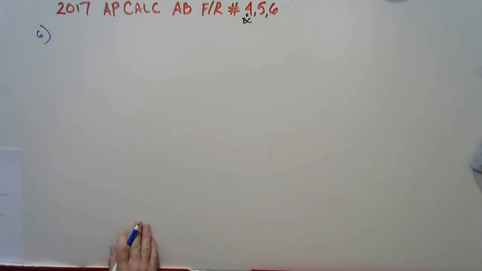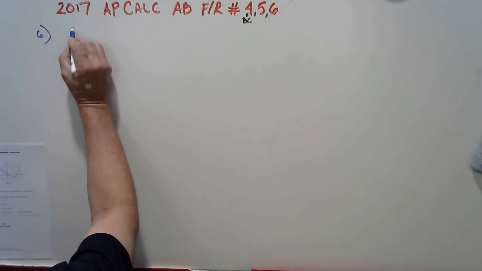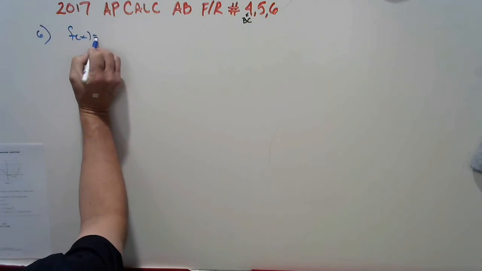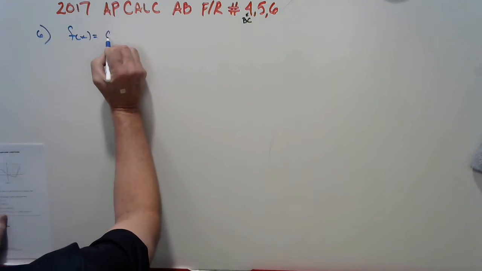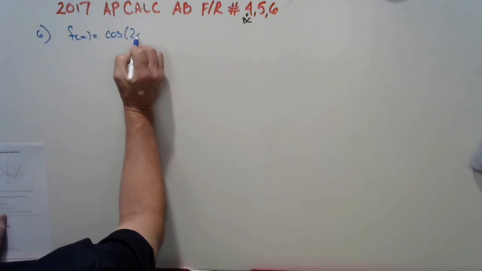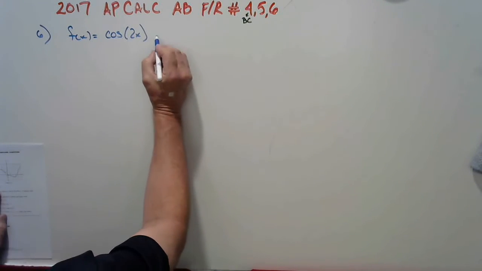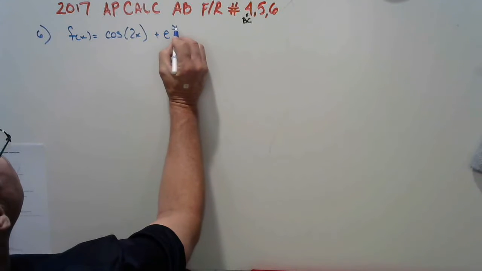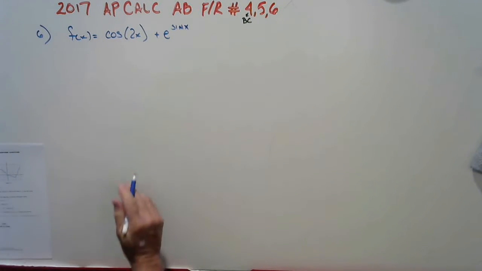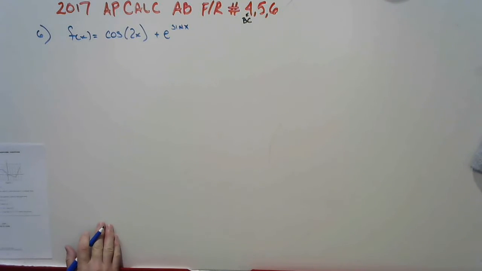So question 6, they give us a function f of x. And they actually give us a formula for this. They tell us it's cosine of 2x plus e to the sine of x. Now there are two other functions given in the problem as well.